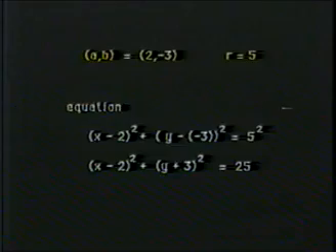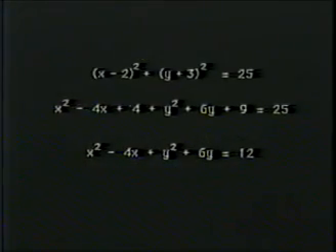We can leave the equation like that, or we can go ahead and simplify it, like this. That may not look much simpler, but it is. Later, we'll see how to do this same process backwards when we want to recognize circles and other kinds of graphs.